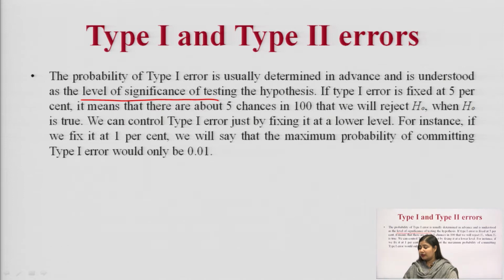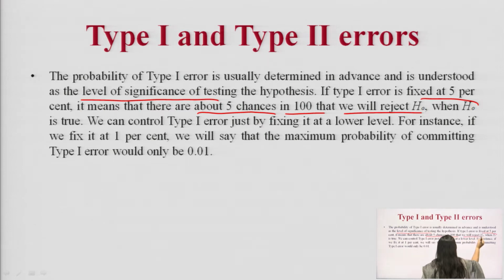And if the type 1 error is fixed at 5%, means you have a fixed level of significance at 5%, it means that there are 5 chances in 100 that we will reject the null hypothesis when the null hypothesis is correct.